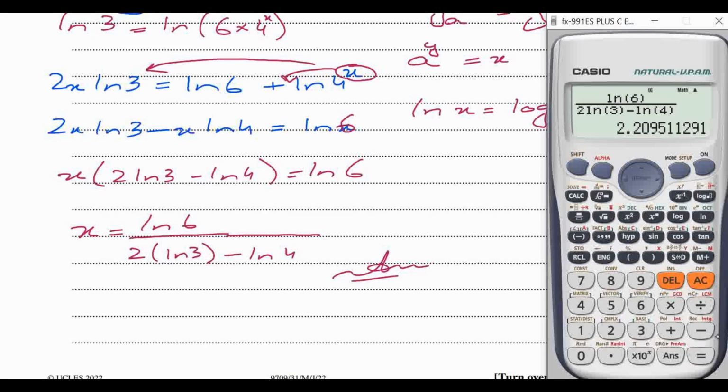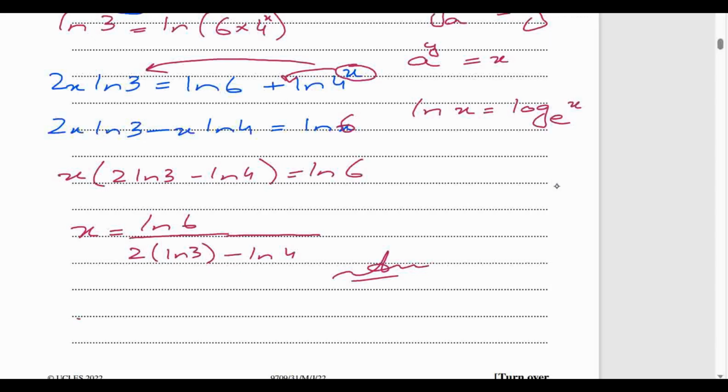So this will be equal to 2.201. So correct to two decimal places, the final answer will be x equal to 2.21. So this should be the final answer.